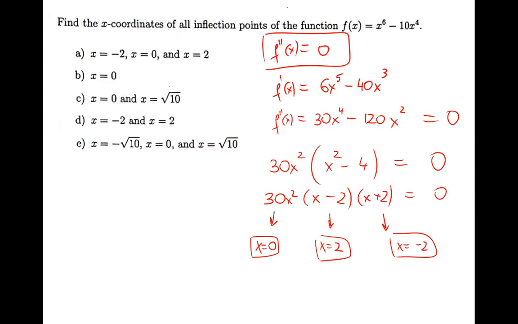But you can probably see that x equals 0 came from the even exponent. Whenever we have an even exponent, the second derivative will not change sign at 0. Let's see if this is true. We have 0, negative 2, and positive 2.